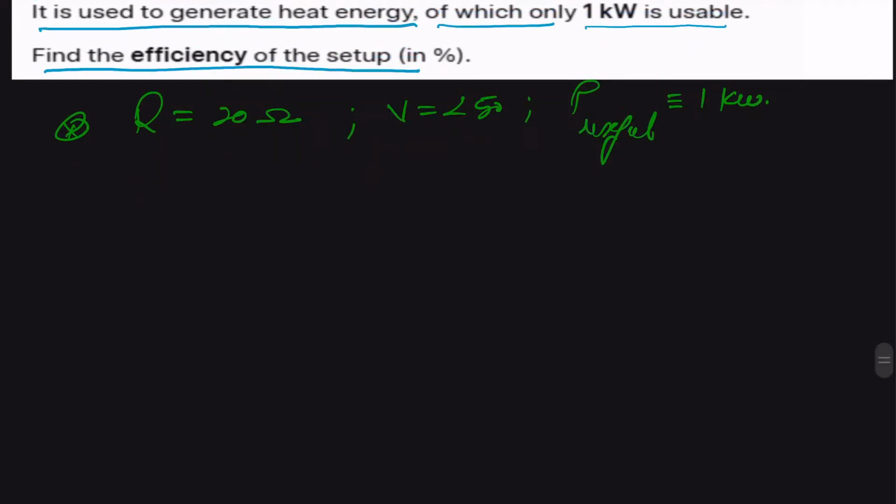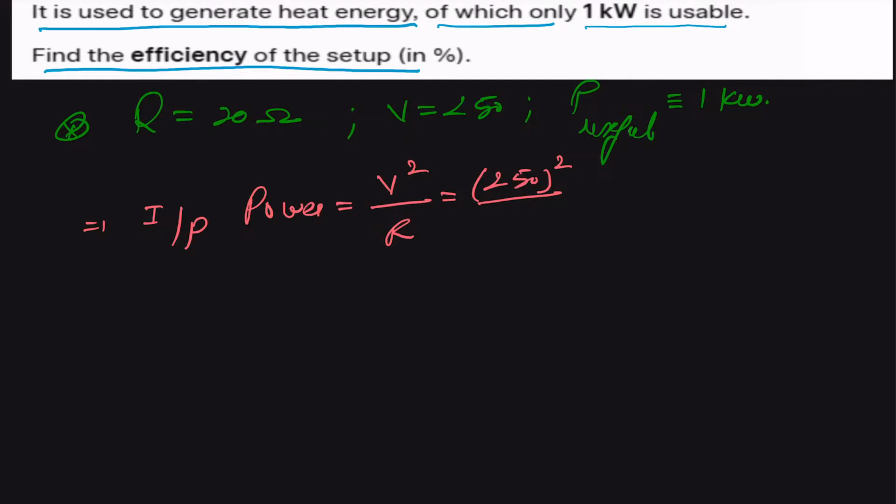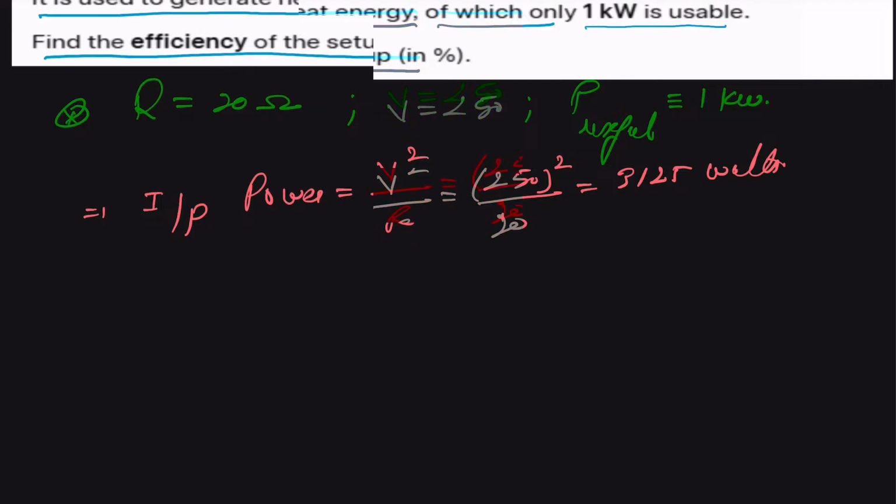So we can write that our input electric power will be equal to V square upon R, and this is 250 squared upon 20, which will be giving us 3125 watts, and out of it only 1 kilowatt is useful.